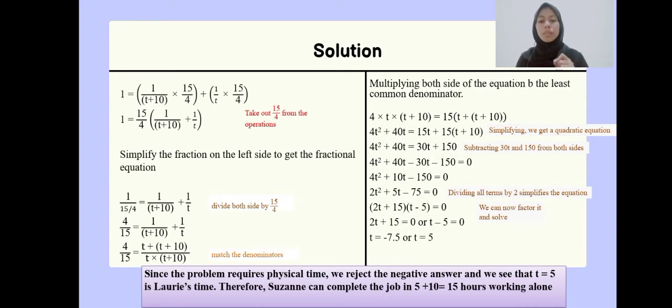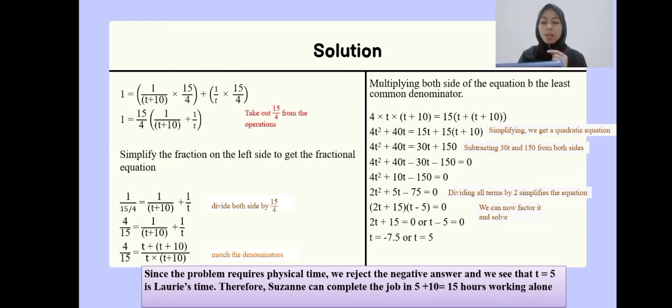So 2t plus 15 is equal to 0, and subtracting 15 from both sides, 2t is equal to negative 15, so t is equal to negative 7.5. And for the second, t minus 5 is equal to 0, so t is equal to 5.